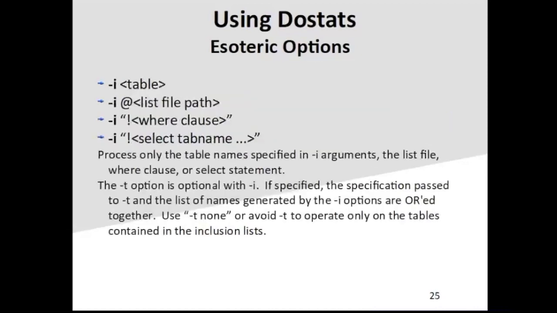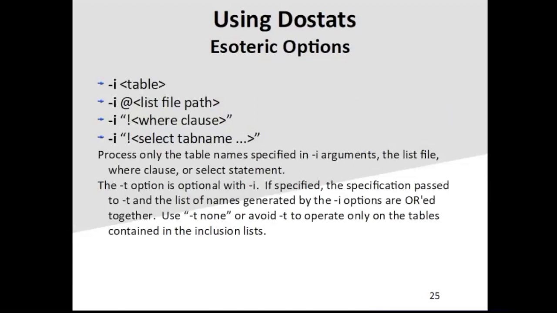The next series of options are ways for you to specify specific tables that you want Dostats to work on. It gives you more flexibility and more control than -T does, because -T just lets you specify one table name or one wildcard. With the -I option, you have several possibilities.